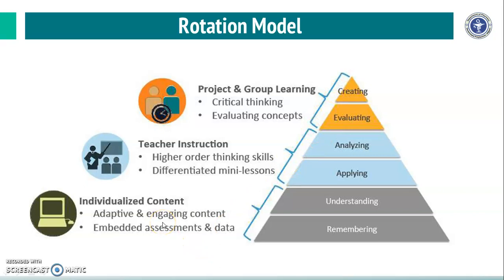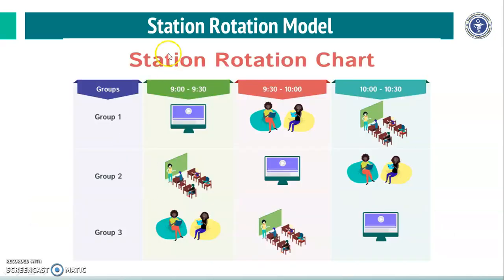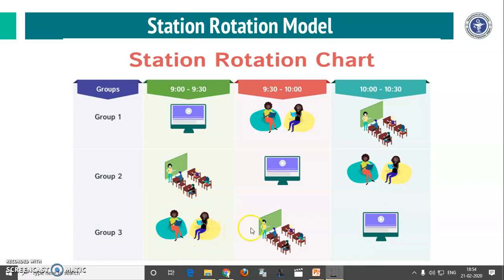So let's go to the various rotation models. The first one is the station rotation model, where the students are grouped into various groups. Group 1 is given maybe online learning. Group 2 is engaged by a teacher in face-to-face interaction, while group 3 is having individual as well as collaborative type of learning.